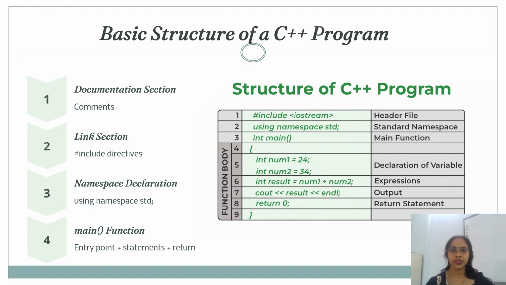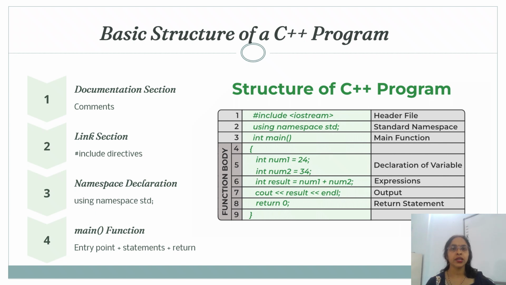Now we move to the most important topic, the structure of a C++ program. A C++ program contains these sections. In the documentation section we include the comments. Second is the link section, where we use different directives, header files, or links to the different input output library functions.